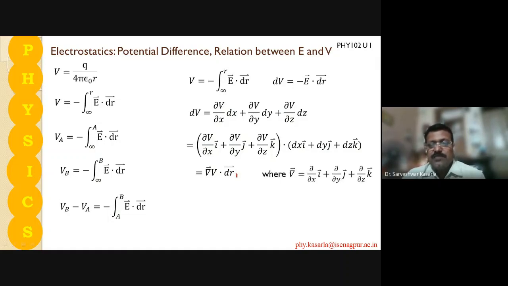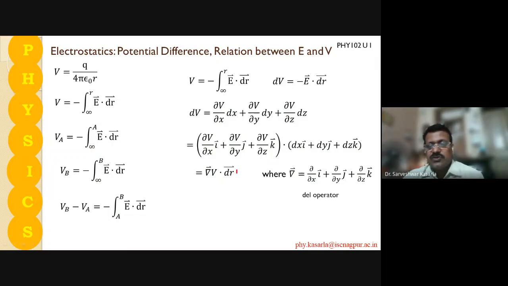So you have to remember this del operator. What is the del operator? The del operator is nothing but del by del x i plus del by del y j plus del by del z k. This is also called the gradient of potential. Let us learn about gradient in some other lecture.